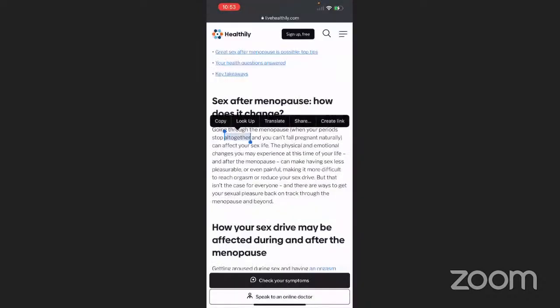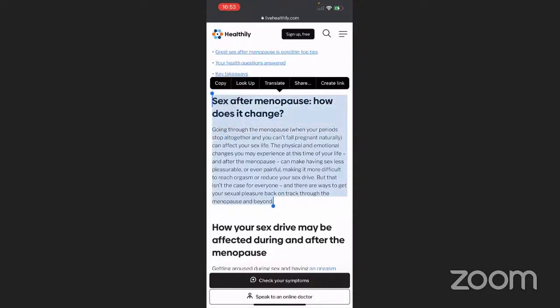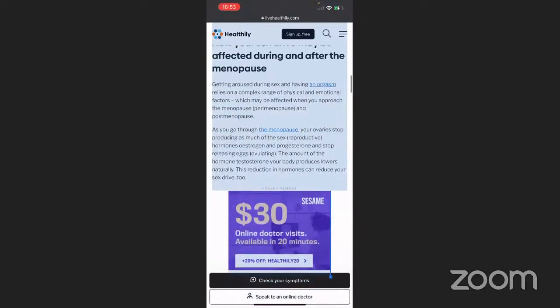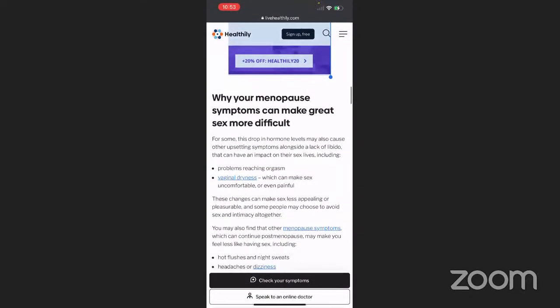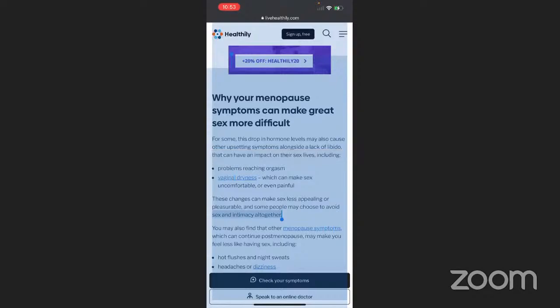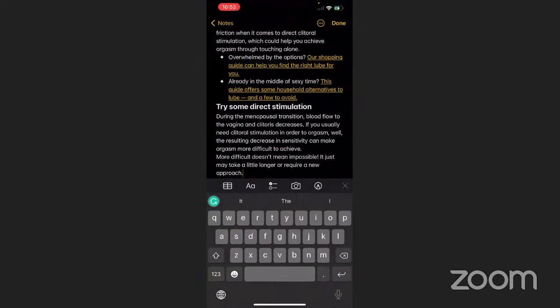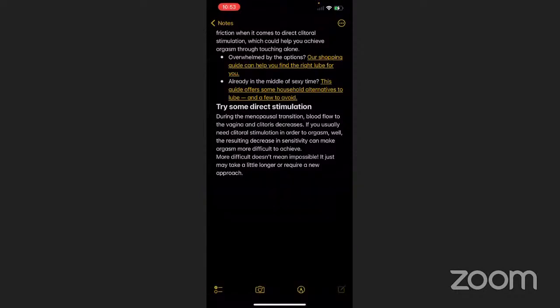Some of them don't allow you to copy this stuff. So I'll copy this and put it again on my notes. But right now I'm going to open up another page of my notes, because it's another one done.